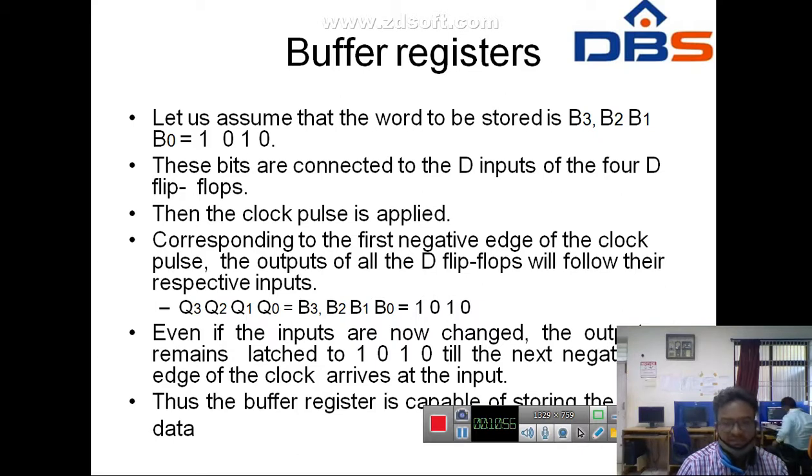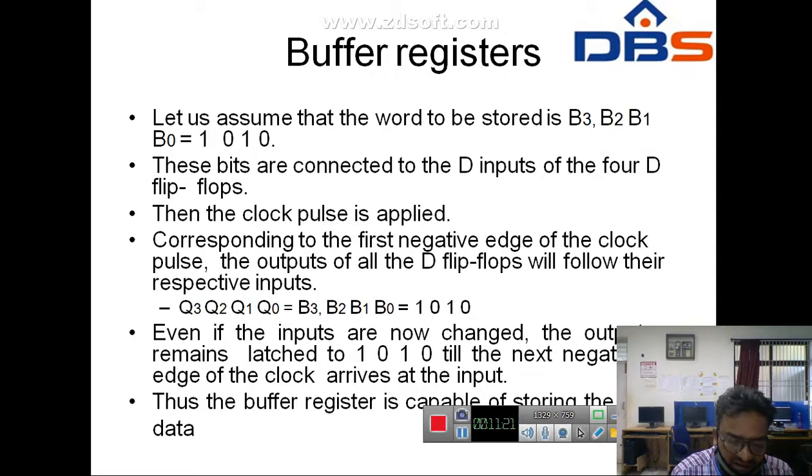The main function of a register is to store a single bit or a group of bits within a device, that is temporary storage, and shifting. Shifting capability is the main achievement of the register.